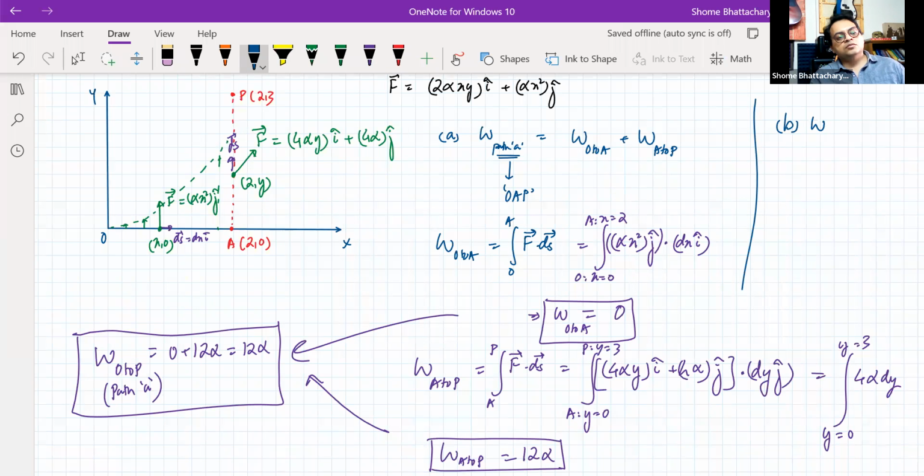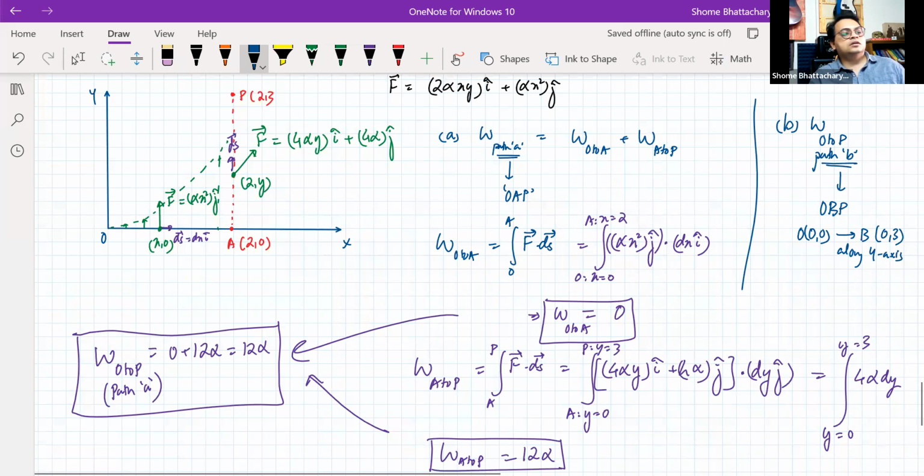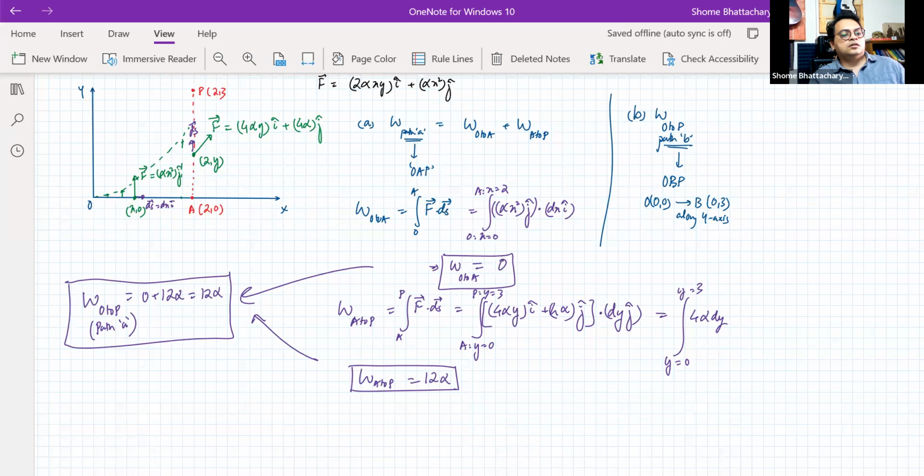Work done from O to P, but by path B, and that path B is OBP, where we are going from this point B, which was 0,3 along the y-axis, and then we are going from B to P, parallel to the x-axis, that path.